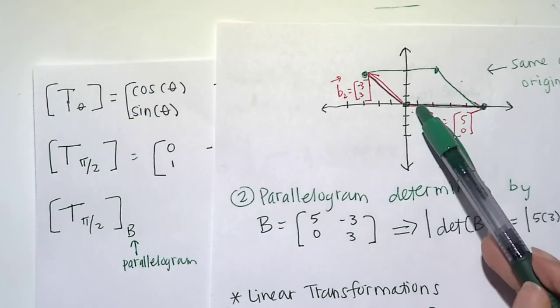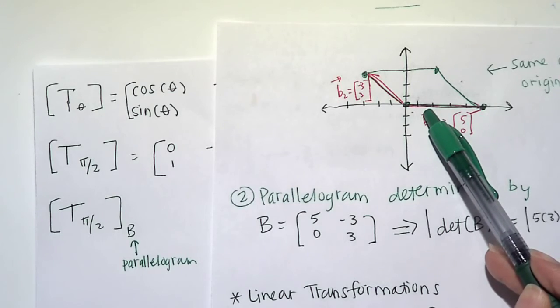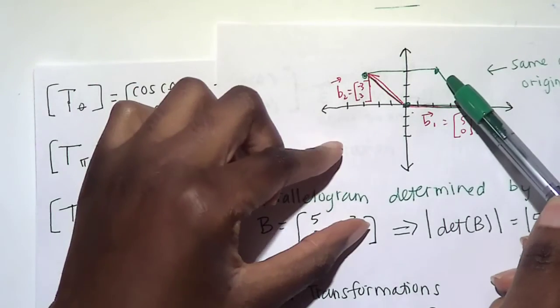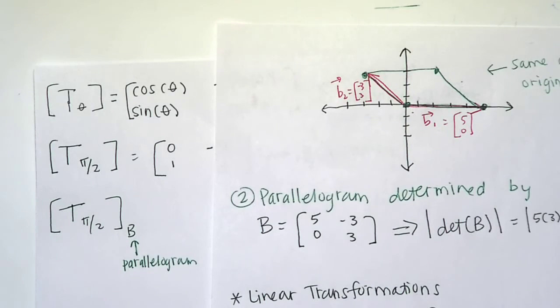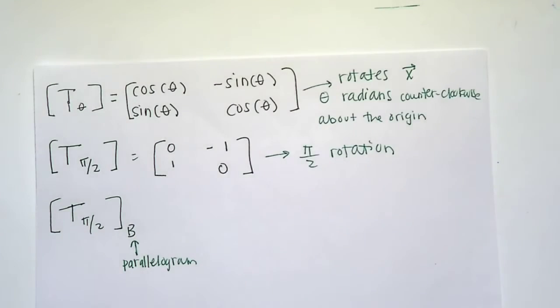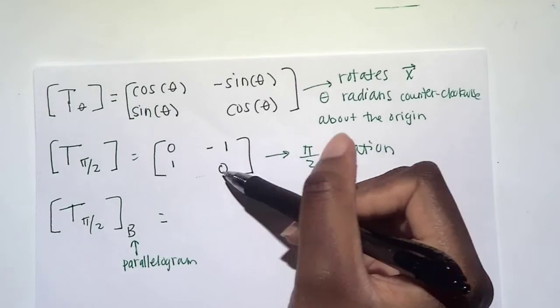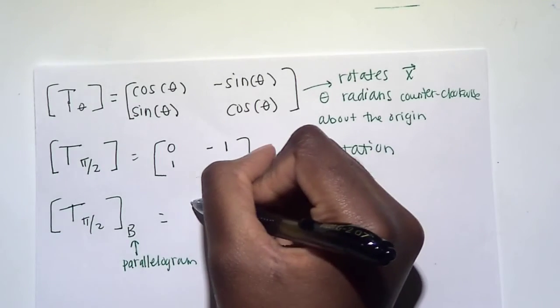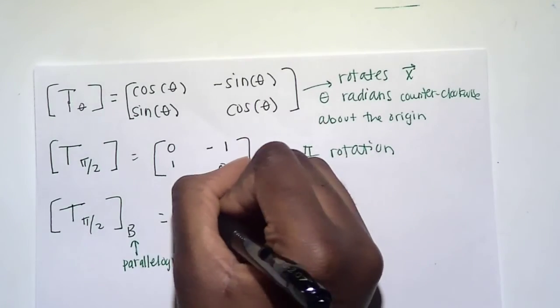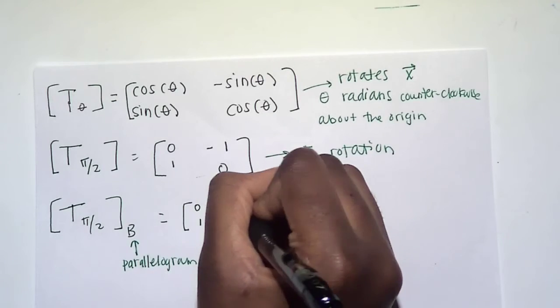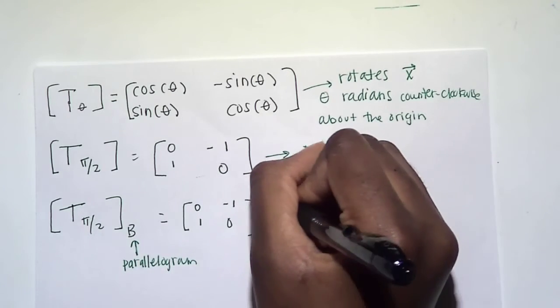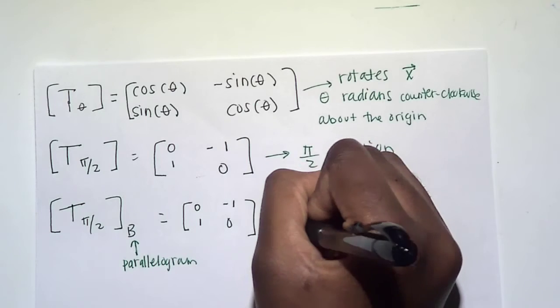So we're going to take this parallelogram and we are going to rotate it counterclockwise 90 degrees. Well, how would we do that? Well, all we have to do is matrix multiply. Transformation times our parallelogram.